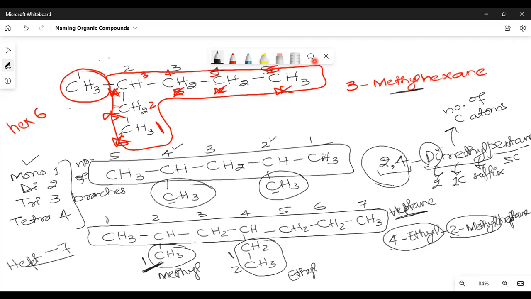Even if you don't exactly understand the rules, that's fine, since you're not required to do that in IGCSE. The only thing you should be able to distinguish is that two different numbers and two different names come before the name of the parent chain. That's all you need to know at this point. If you understand this, that's good enough. Let's not go into further detail because you don't require it in IGCSE.